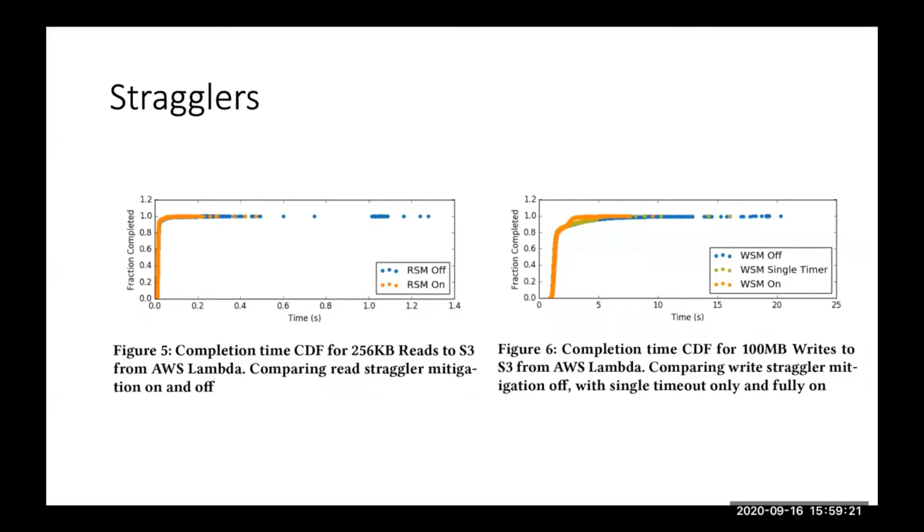So if that acknowledgement does not come, they start another write to a different key. So right now, these two writes are in parallel, and whichever comes first, they take the outcome of that operation as the acknowledgement for the write.